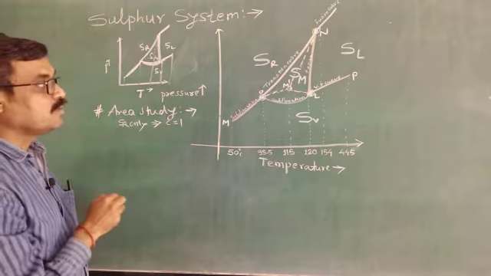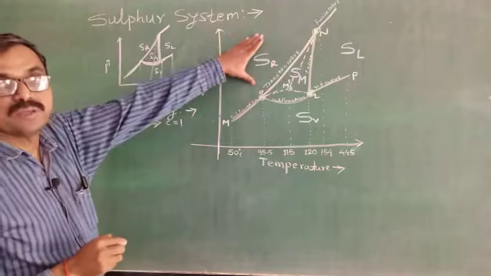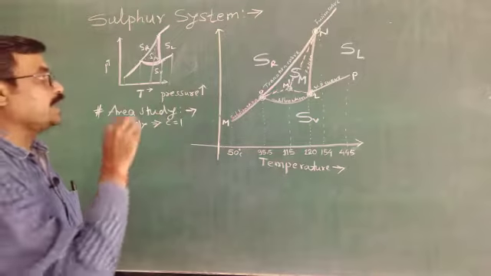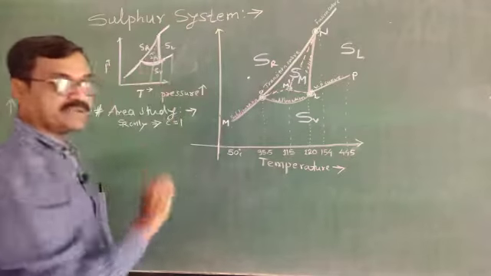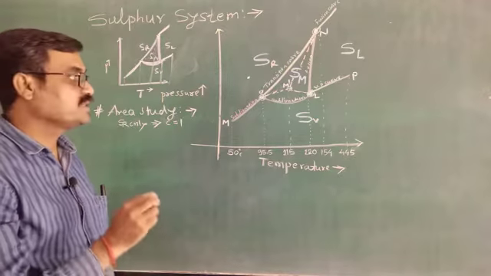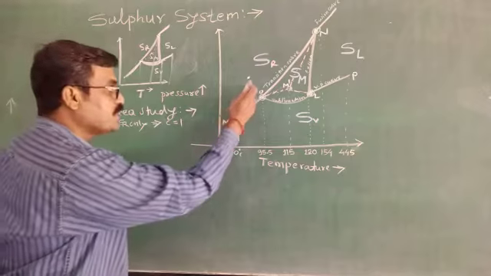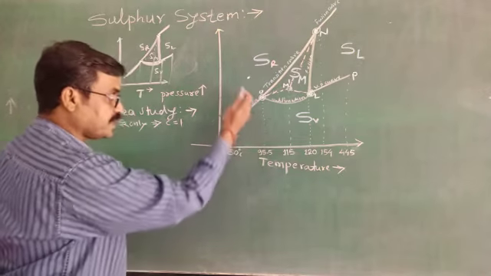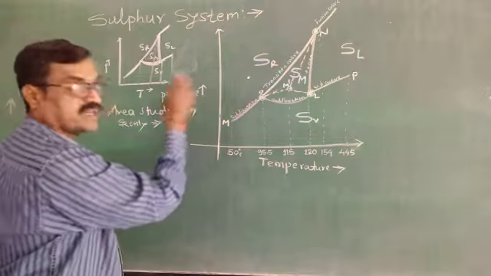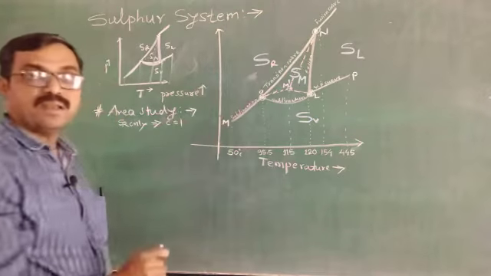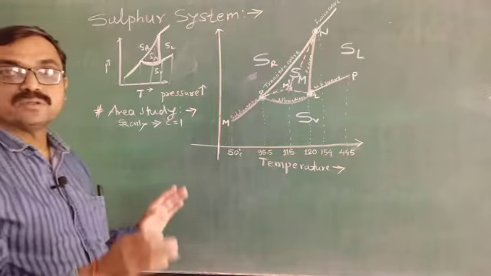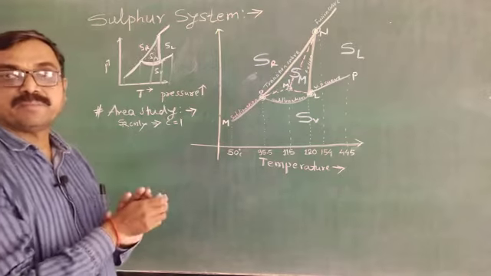Now to locate any point in this area, suppose you have to locate this point, what are the essential conditions? You must know the temperature as well as the corresponding pressure. Then and then you are able to find the degree of freedom.